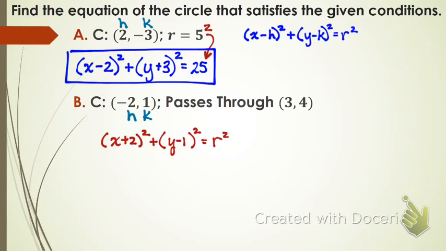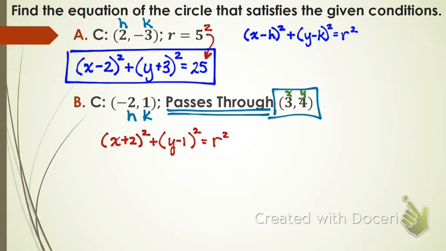That's equal to my radius squared. I don't know how big my radius is right now, but I can get it this far. And then they gave me this information about it passing through this point right here. In an ordered pair, what part comes first? And second?